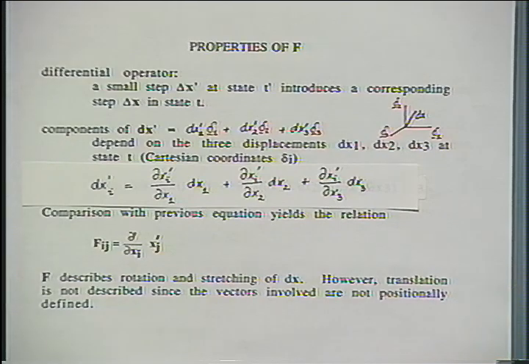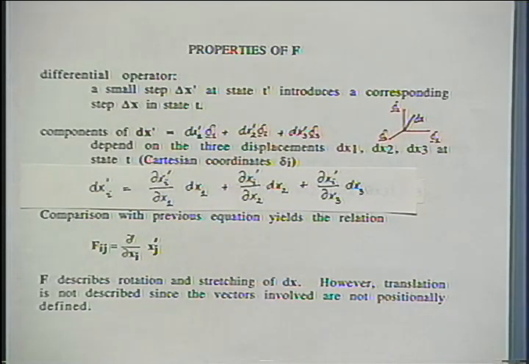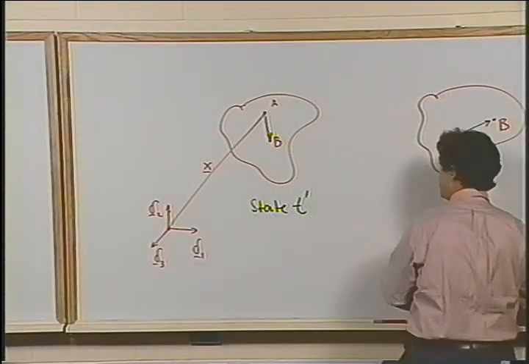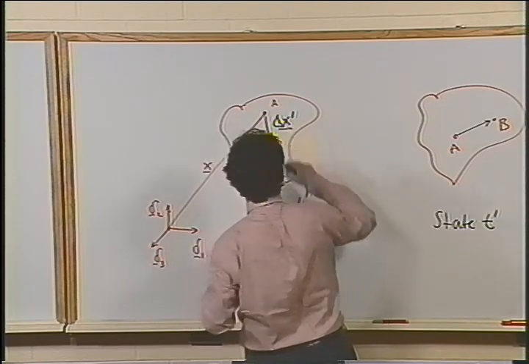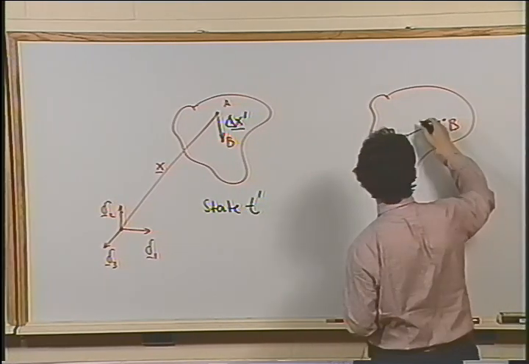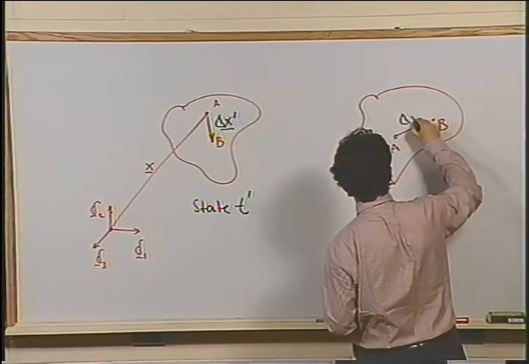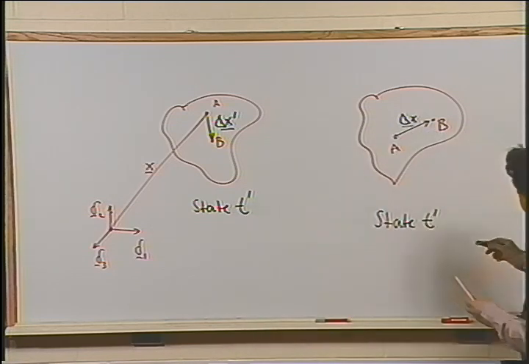Now, we could say that F is a differential operator. And let me go back to the picture on the wall, and let me erase our notation here, and let's just say that this is our delta x, our infinitesimal vector at the state t prime, and this is our infinitesimal vector at the current state t.